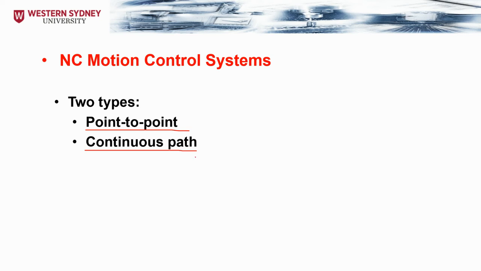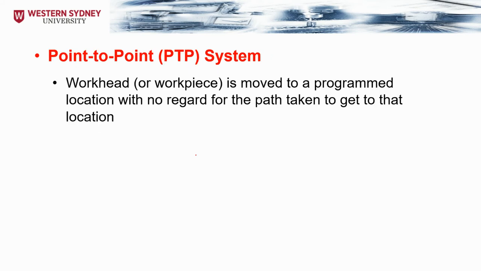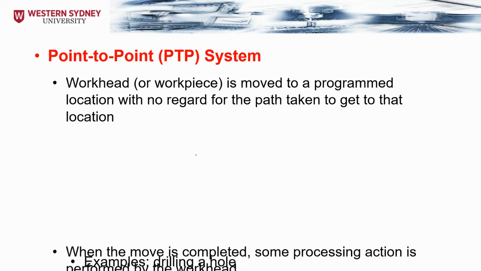Continuous path is used if we're going to do a milling operation or a continuous welding operation. For the point-to-point system, the workhead or the workpiece is moved to a programmed location with no regard for the path taken to get to that location. So if I'm going to move the drilling head between different points, it doesn't have to follow any sequence.